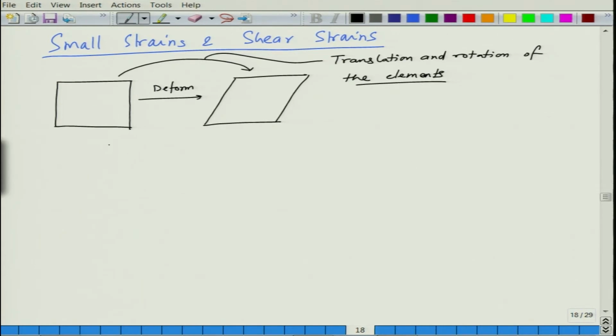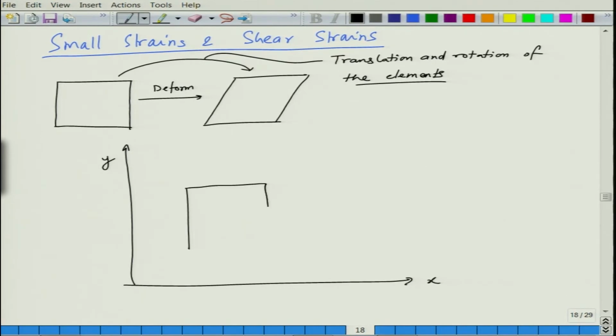So, let us say we have a situation like this, in which this is the x and y axis. We start with a body in this fashion.